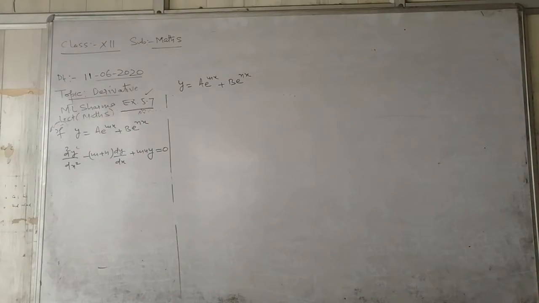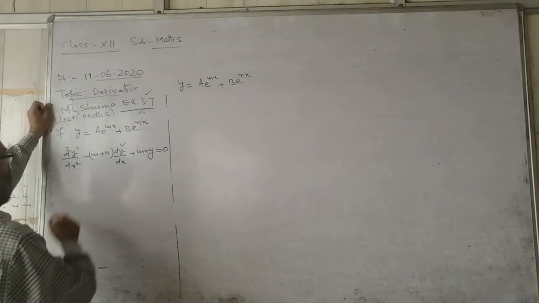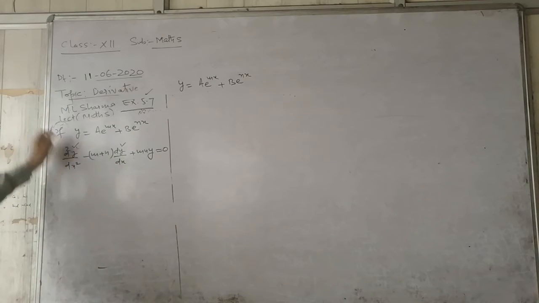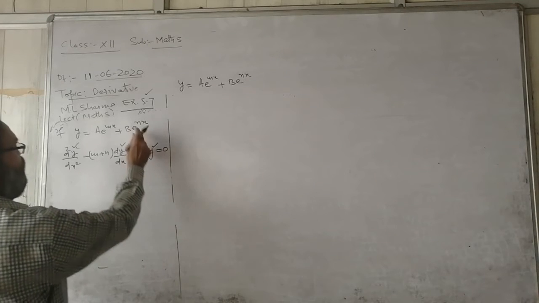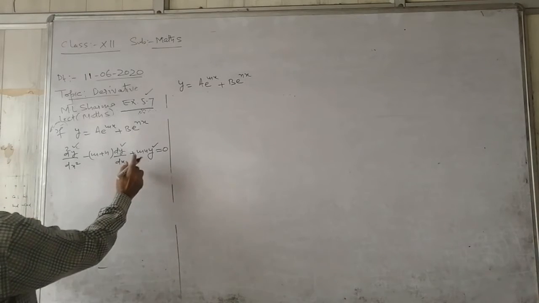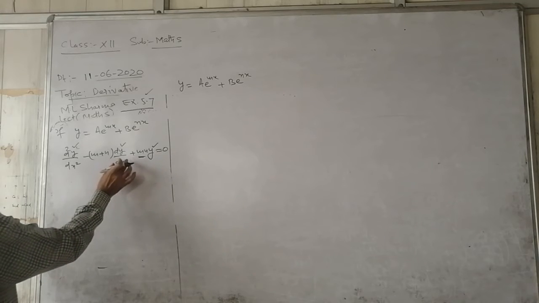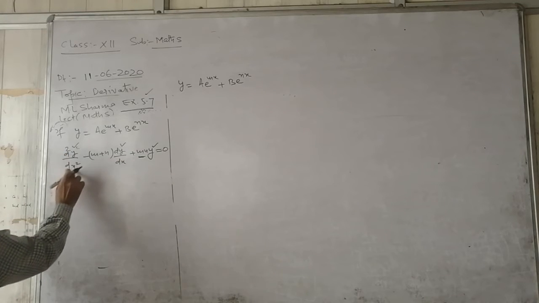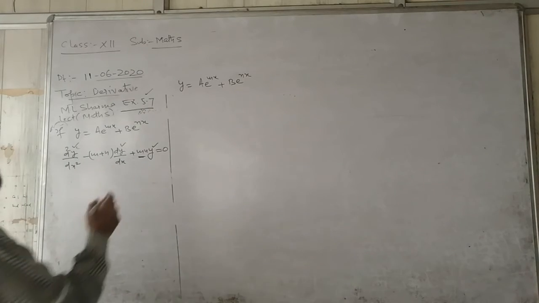An exponential type function is given. I have to find the values of dy upon dx and d2y upon dx2. The value of y is already known to me. So if I substitute the value of y here, the value of dy upon dx here, and d2y upon dx2 here, my result will be out.